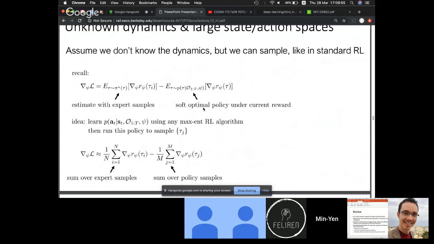So we just apply standard reinforcement learning to get a policy, then roll out that policy to generate trajectories. And then we need to use a discriminator or something to help us optimize the system to generate better policies and better rewards. So it's an iterative cycle.